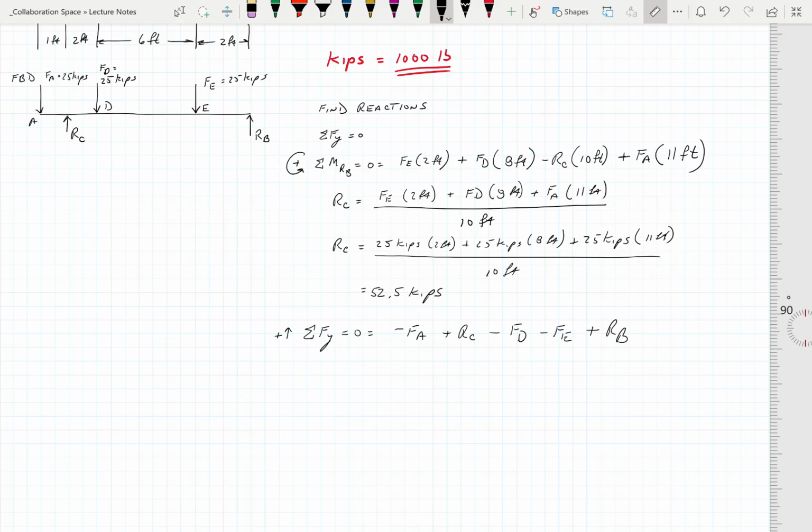We know everything now except RB, so RB comes to this side, that becomes a minus. Leave everything alone for the moment. And then the only other thing is to make that positive, positive, positive, change that to a negative, and then we're able to solve for RB.